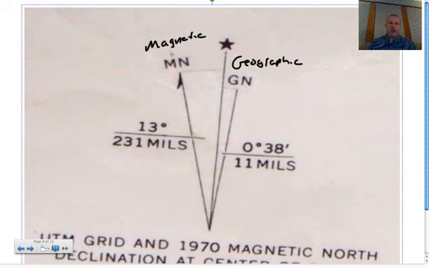So where is the actual magnetic north and where is the actual geographic north? And we have an angle of declination. How far off are we? 13 degrees, and then about 0.38 on this side. So for Galway, we are off by approximately 13.5 degrees between magnetic and geographic north.